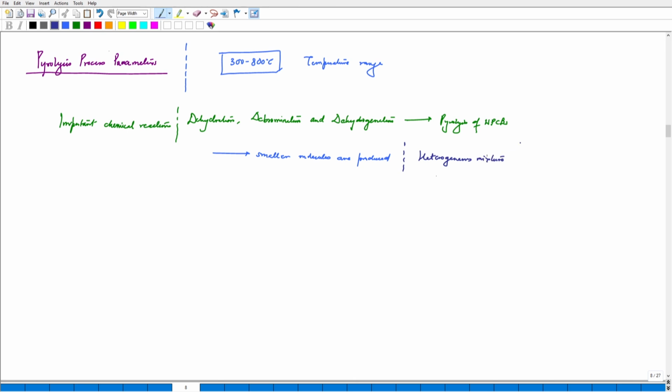The composition of this mixture we really can't predict. It depends upon what we have fed, in what quantity, and what was the initial composition of whatever we have fed. And then we operate it at given operation parameters, and then we get to see the output. This heterogeneous mixture is what we get after the pyrolysis.